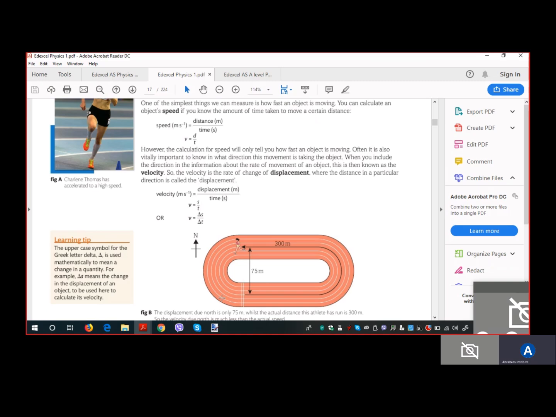Yeah, 400 meters. So let's say they start here. From here to here, it is 100. Then from here to here, it is another 100. Here to here, another 100. Here to here, another 100. So total is 400.